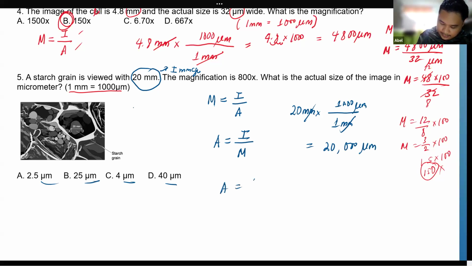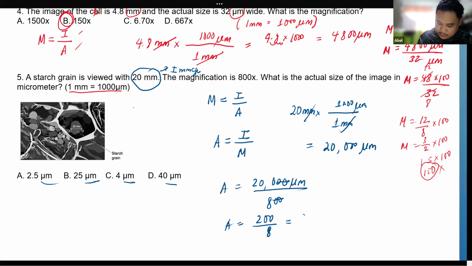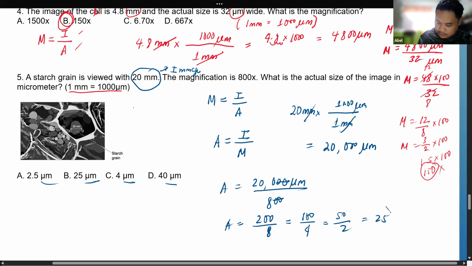And so we are now applying the formula, that is 20,000 micrometer over 800 times. To simplify, in 800 the two zeros will be canceled. We are left with 200 over 8. 200 divided by 2 is 100. 8 divided by 2 is 4. And then 100 over 4 is 25. So the answer here is letter B, 25 micrometer.